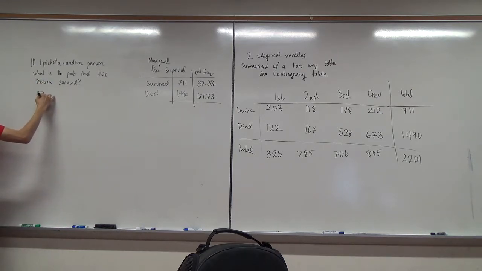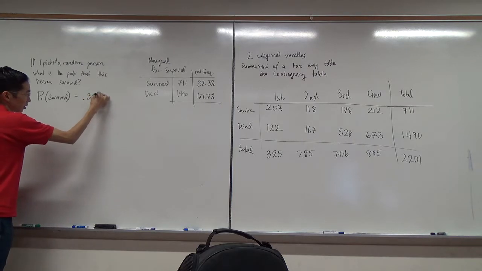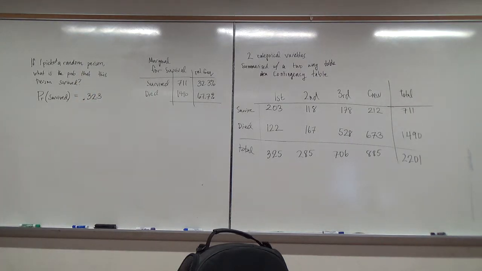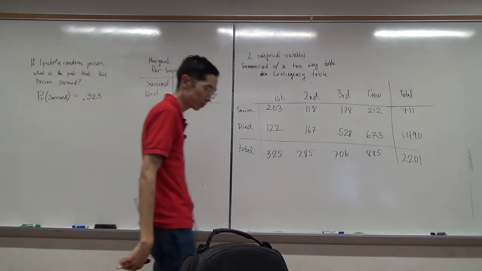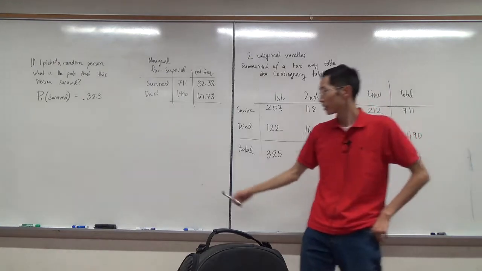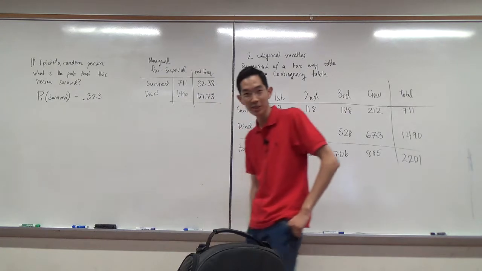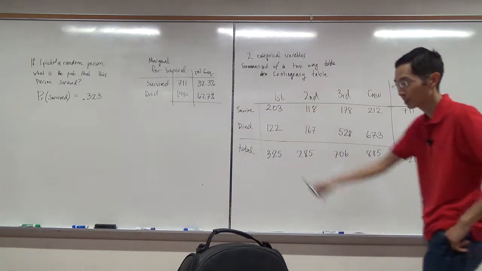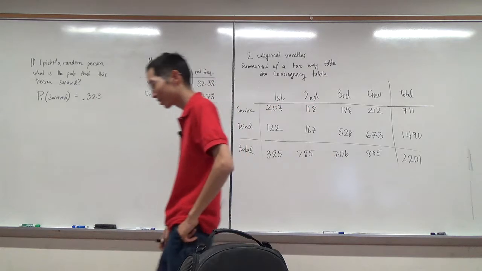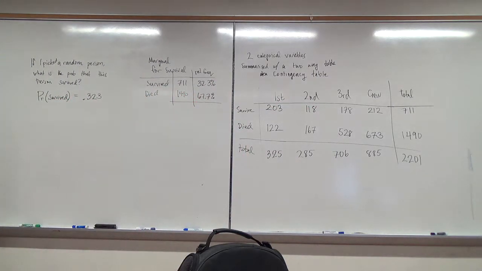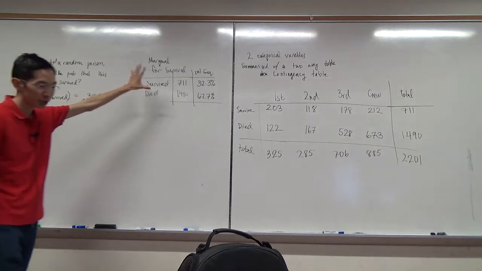Or I could write that the probability that someone survived is equal to 0.323. This notation is not yet mentioned in the book, but we will see it plenty of times in the future, so I'm just bringing it up now. I don't think it's incredibly difficult at this point. All right, so these are marginal distributions.